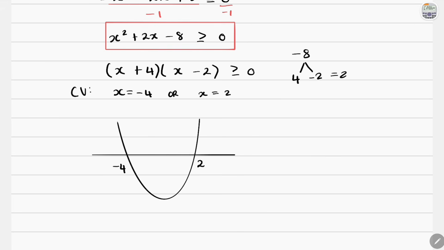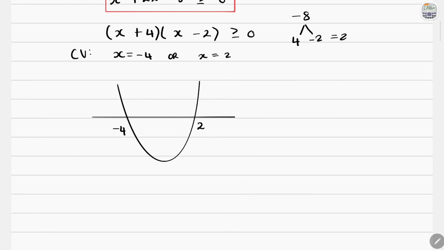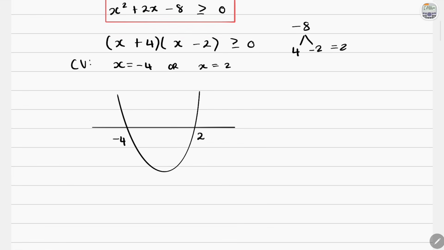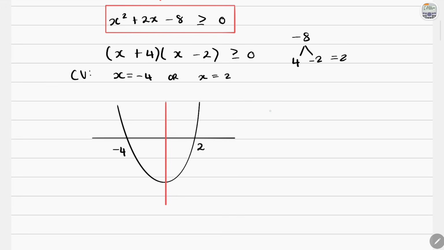But now, which values of x will ensure that this expression is greater than 0? So for values that are greater than 0, we are referring to the outputs, because when you substitute x values in here, you will get a corresponding y value, the outputs. So those are y values, meaning they lie on the y-axis. Where we're looking for y values that are greater than 0, these are y values that are positive, okay?